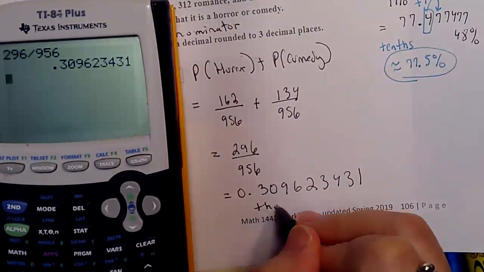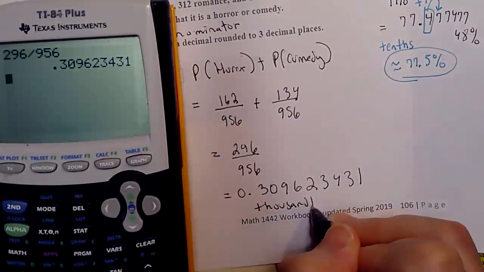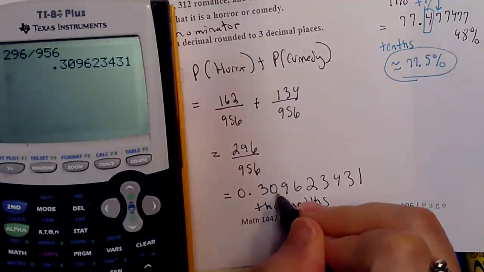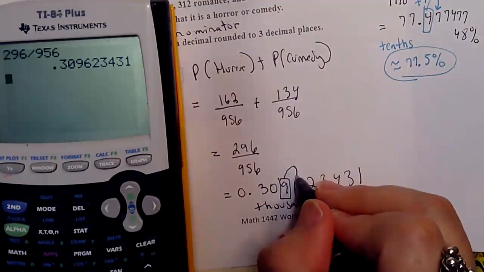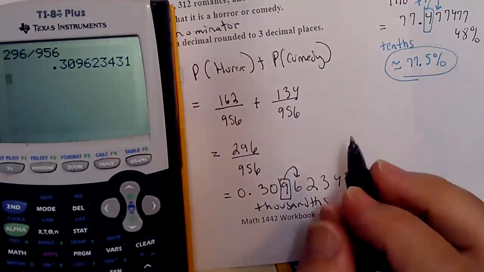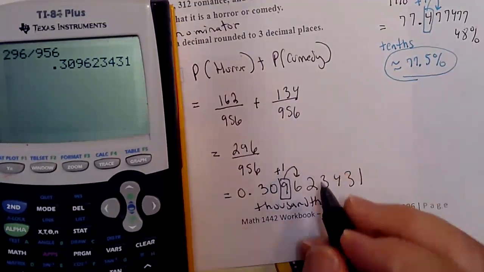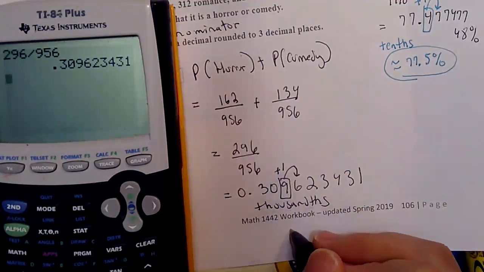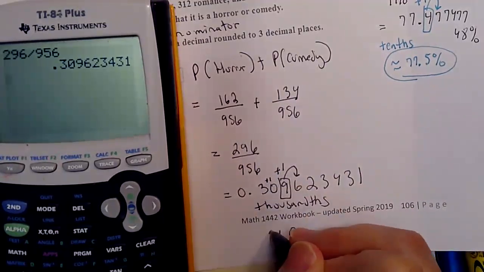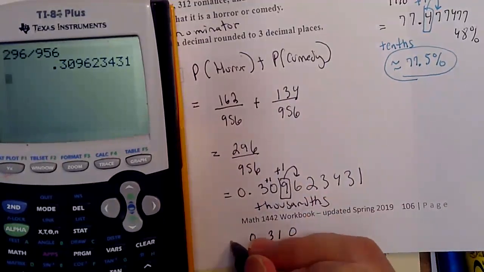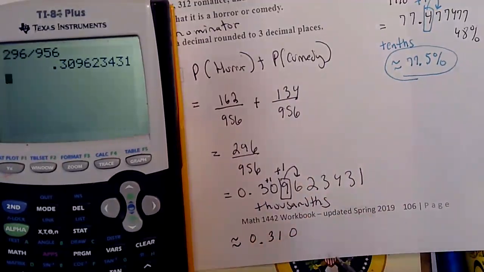If I round that to the nearest thousandths, I'm boxing the 9. Look at the number to the right. Is that 5 or more? Yep, that's a 6. So add 1 to this. 9 plus 1 is 10. Carry the 1. This is 3. Okay, so you have this here.